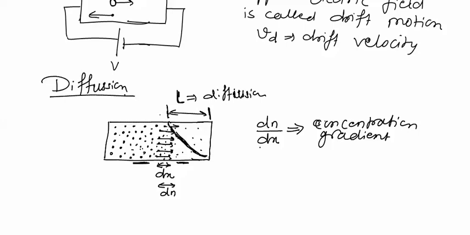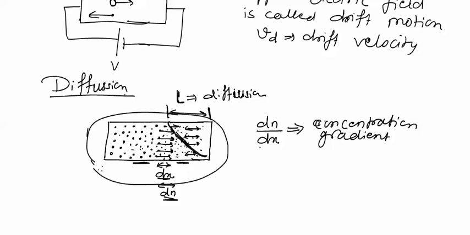Here many charge carriers come forward, and after some time the concentration will be a little bit higher here, and now the difference in the carrier concentration at this point will be less as compared to this difference dn with this dx. So the diffusion continuously decreases, and at one point when the total concentration of electron in the material becomes uniform, the diffusion will die out, and this starting point to end point length is called diffusion length.